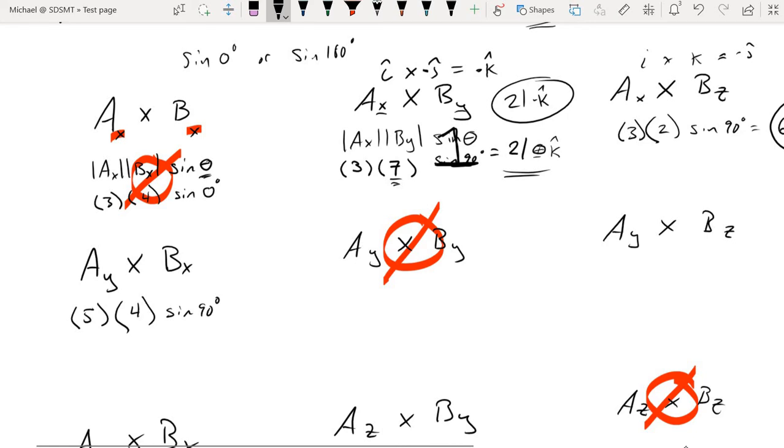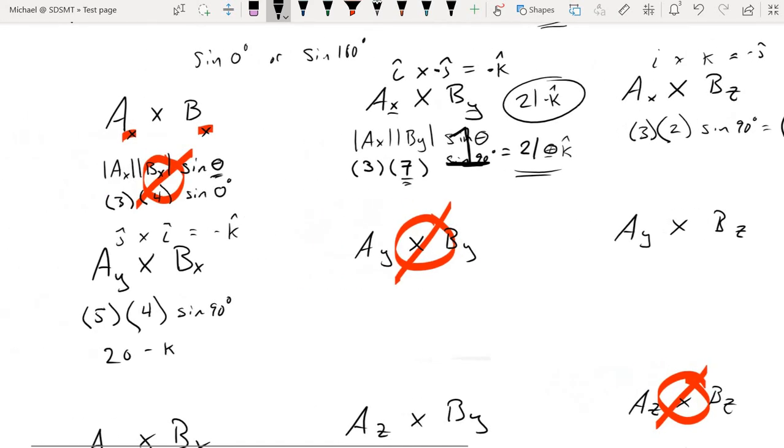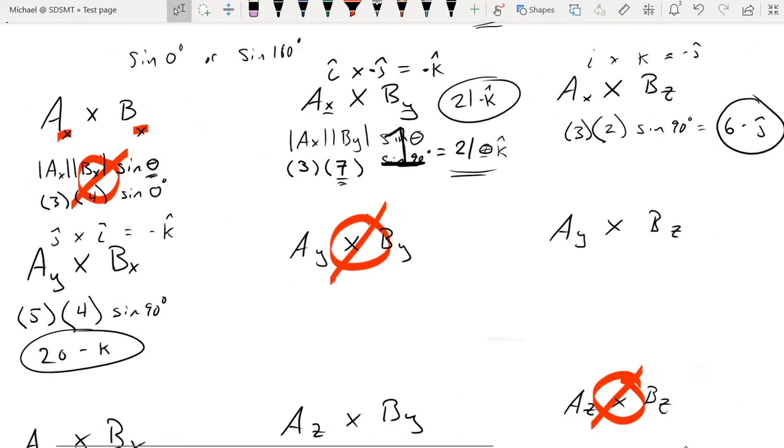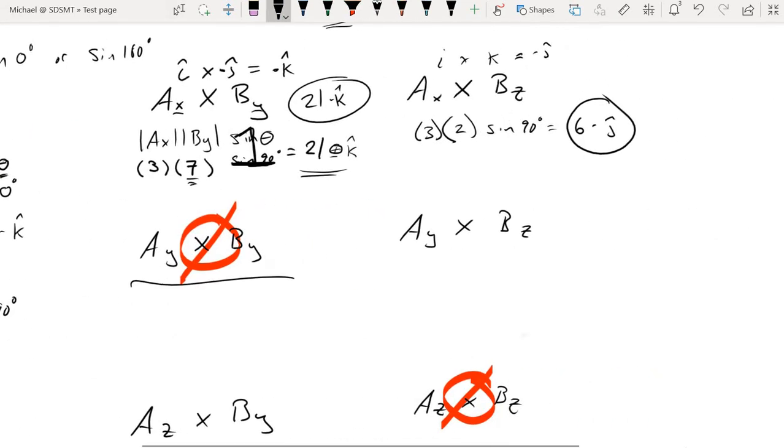We get another sine of 90, so we have 20. Positive J hat cross positive I hat equals, we're going against the alphabet, and that is a minus K hat. We got 0 from that combination.